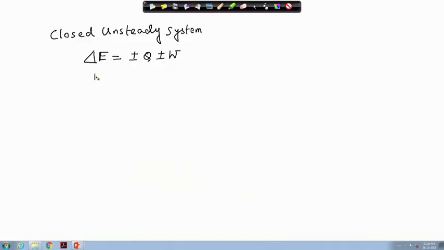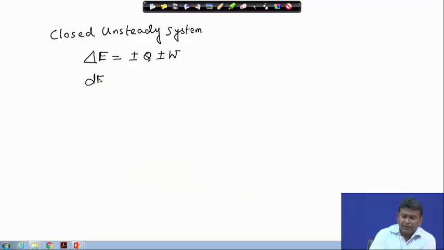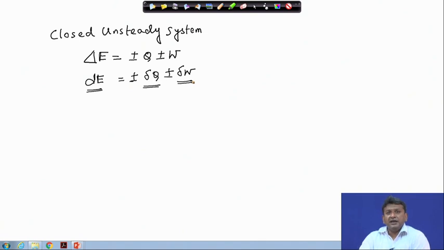Now, once we understand or agree to this, in the differential form, this will look something like this, and this is a good point for you to highlight the difference between exact differential and inexact differential.